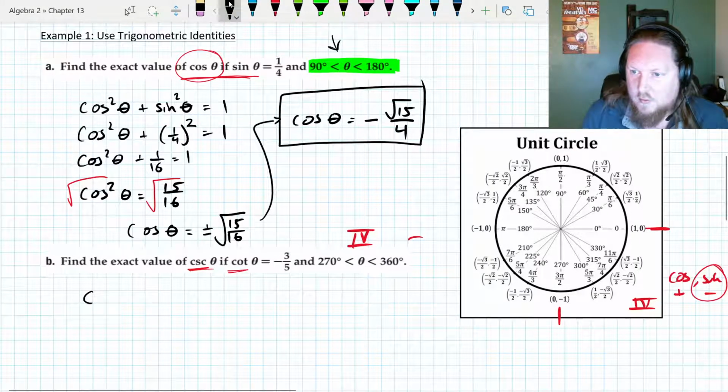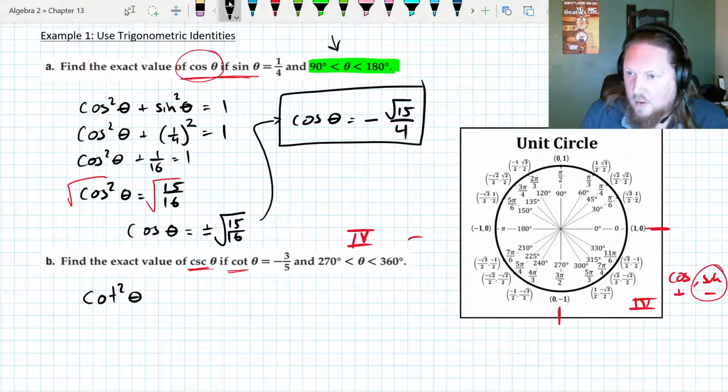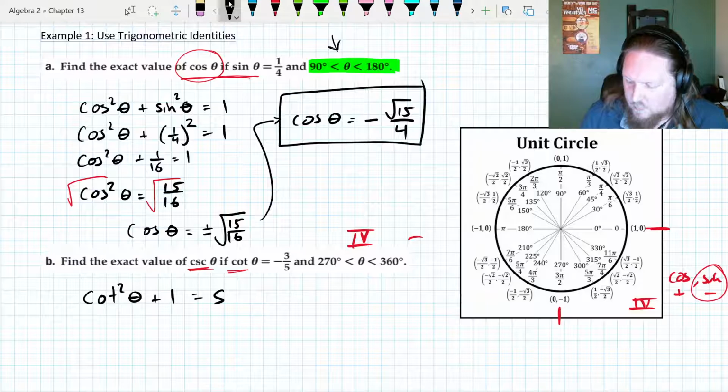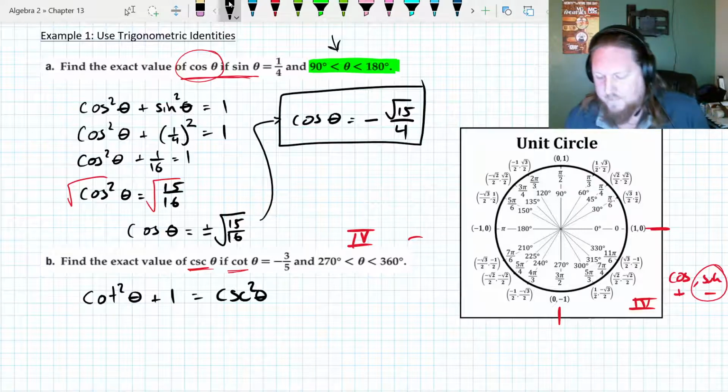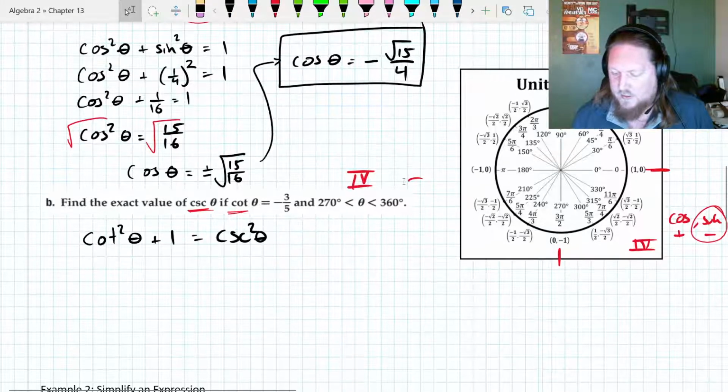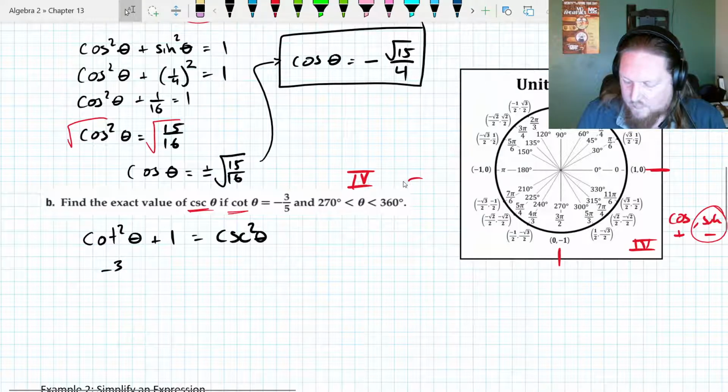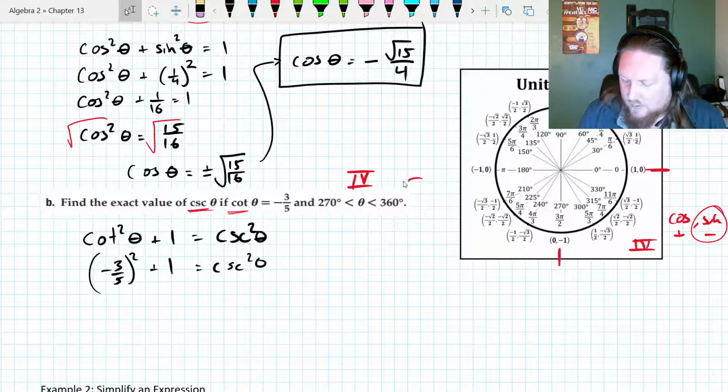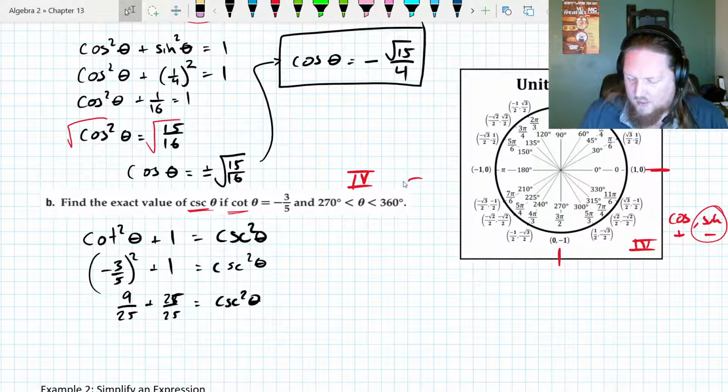I'm going to use cotangent squared theta plus 1 equals cosecant squared theta. I already know what cotangent is. Negative 3/5 squared plus 1 equals cosecant squared theta. Square that, we get 9/25 plus, I'll change that 1 over to 25 over 25 right now, equals cosecant squared. And I've got 34 over 25.